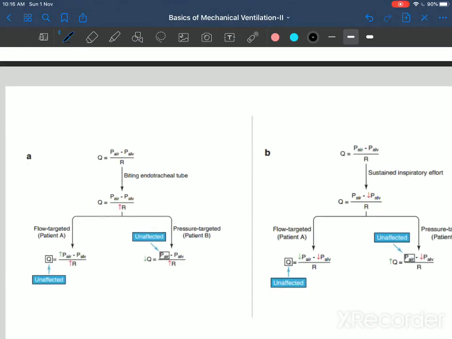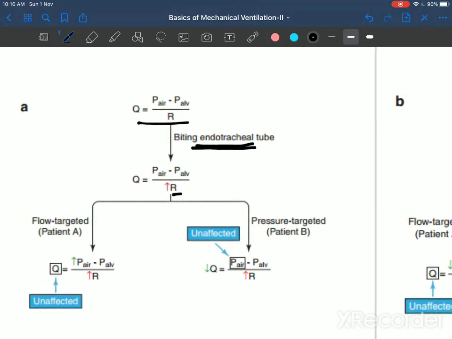Next one. Here you have this formula. We are going to see two different situations and what happens during them. If the patient bites the endotracheal tube, what will happen? Your resistance increases, correct. The resistance in the airway is going to increase. Suppose you have a flow targeted patient, then this flow has to remain unaffected. This should not change, but resistance has increased.